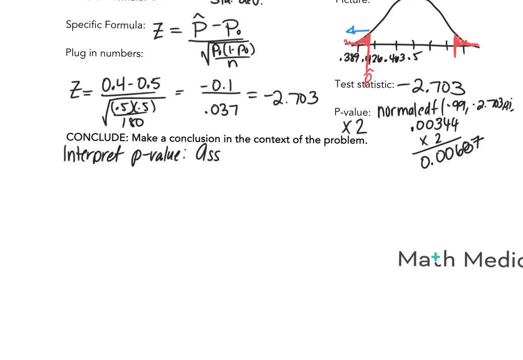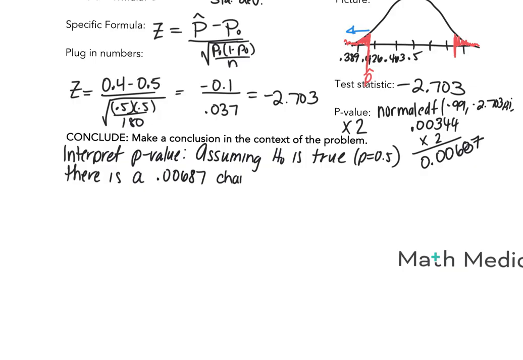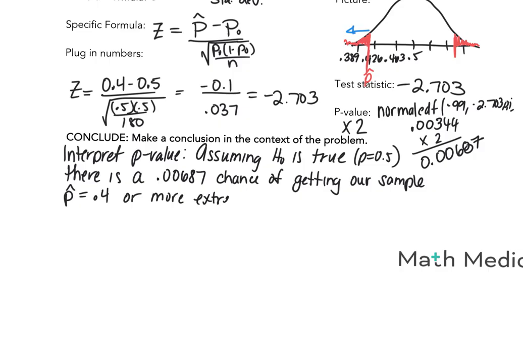And that is assuming the null hypothesis is true, p equals 0.5, there is a p-value chance, so my p-value is 0.00687 chance of getting our sample p hat equals 0.4 or more extreme purely by chance.